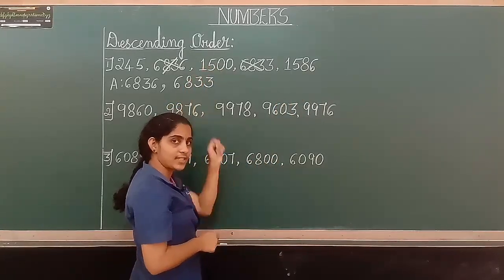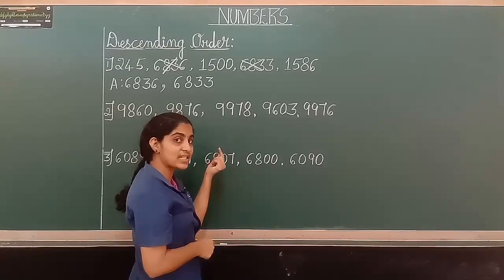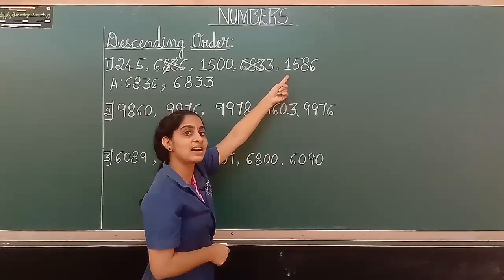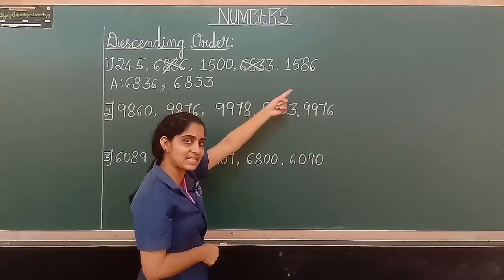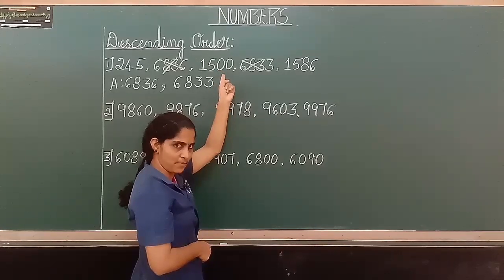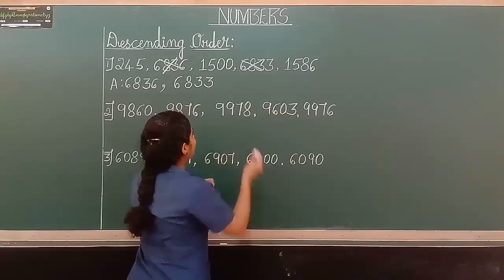So which is greater? Very good. 8 is greater than 0. That means which is the greater number? Correct. 1586 is greater than 1500. So which number we have to write? This number? No. We have to write this number. Let us write.